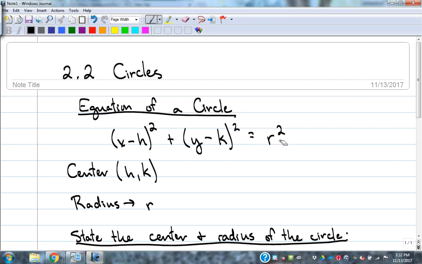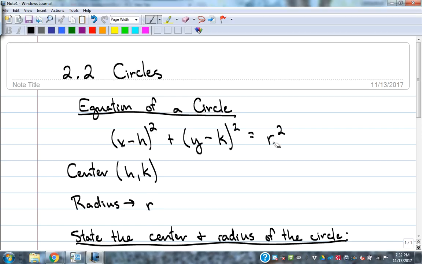A circle, by definition, is a group of points that are equidistant from one central point. That center in the equation is at (h, k). It's going to be in those parentheses with the x and the y. The radius, that equal distance that those points are from the center point, is r.